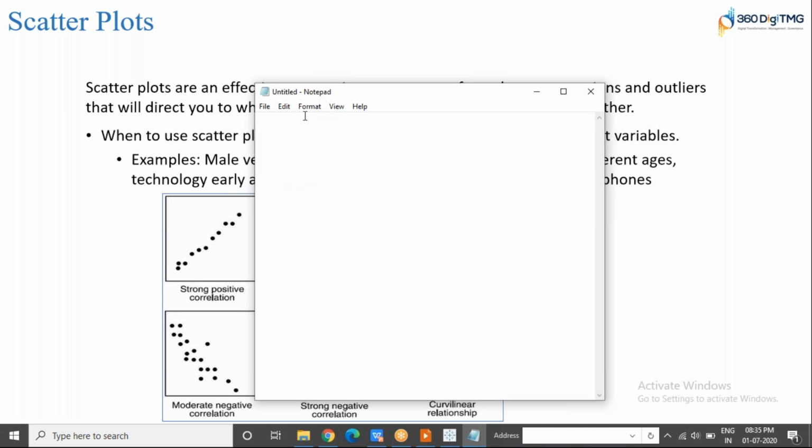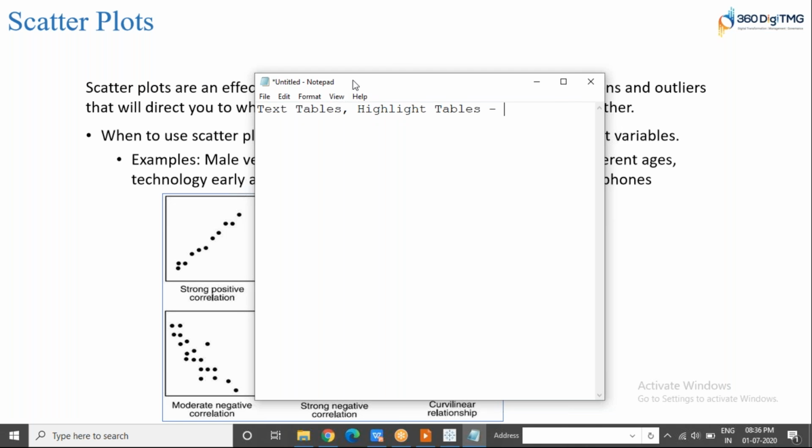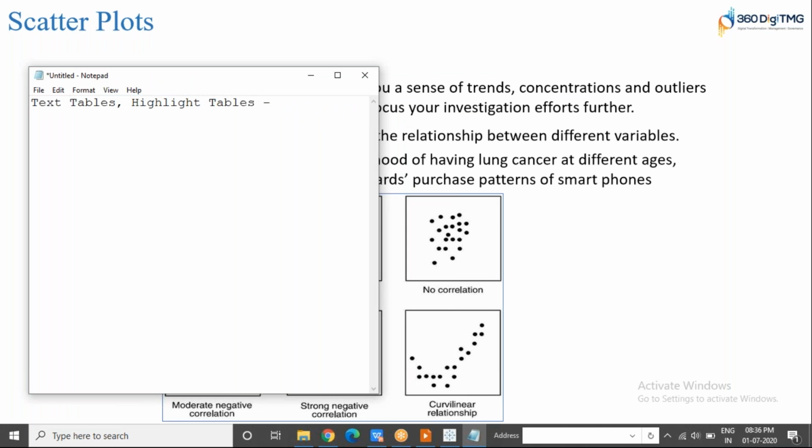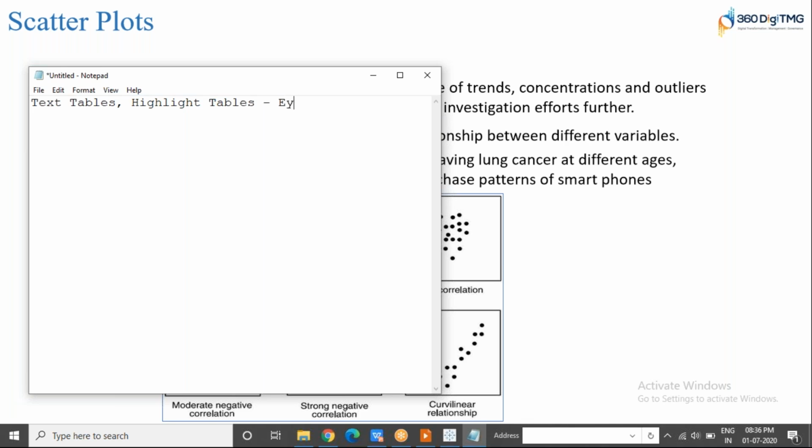We learned about text tables and highlight tables, which we create when we have an eye for detail. You will find them very often in financial reports, revenue reports, sales reports, statements, balance statements. All these things are nothing but text tables.